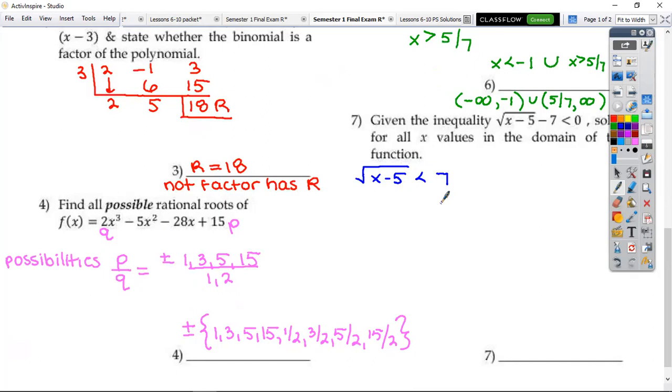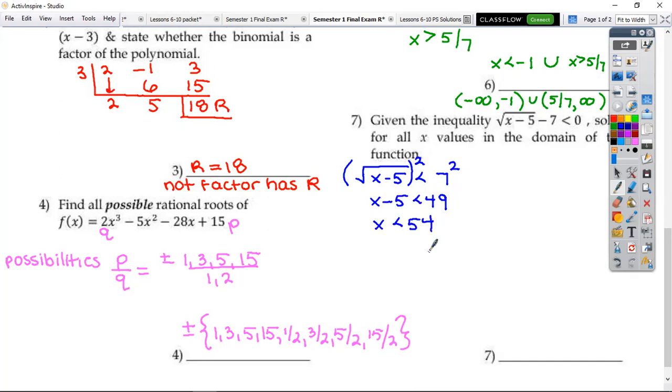I'm going to take both sides and I'm going to square them. And I get x minus 5 must be less than 49. I add it over and I know x is less than 54.